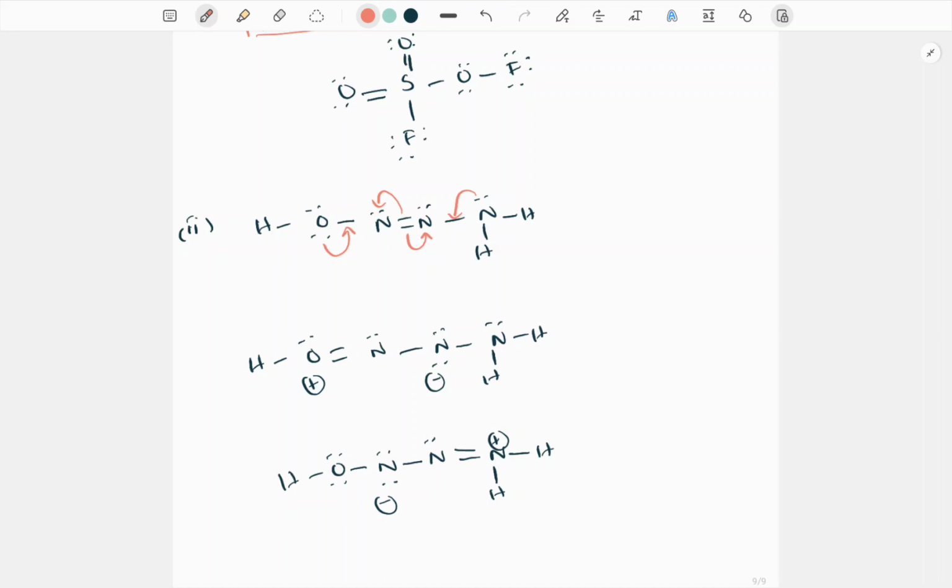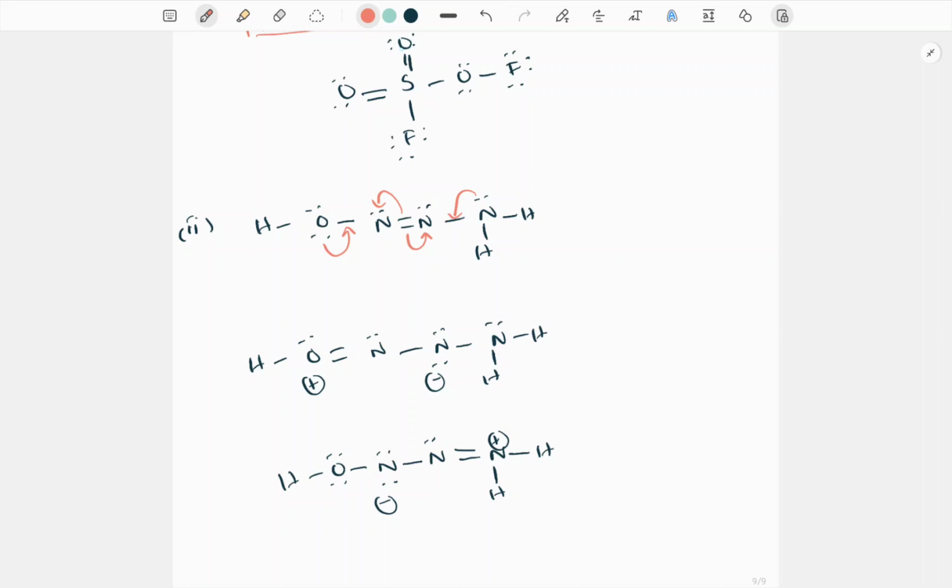There are no homogeneous charges present between adjacent atoms. Then the next factor we are looking for is whether a positive formal charge is present on an element with higher electronegativity.